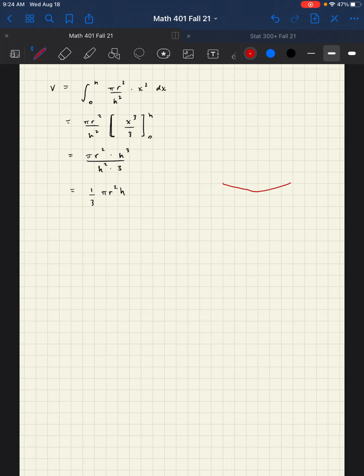Which you'll notice, and this is a very, very interesting fact: you take a cone, so here's my cone again, of radius r and height h. Now you inscribe it inside a cylinder of the same height.